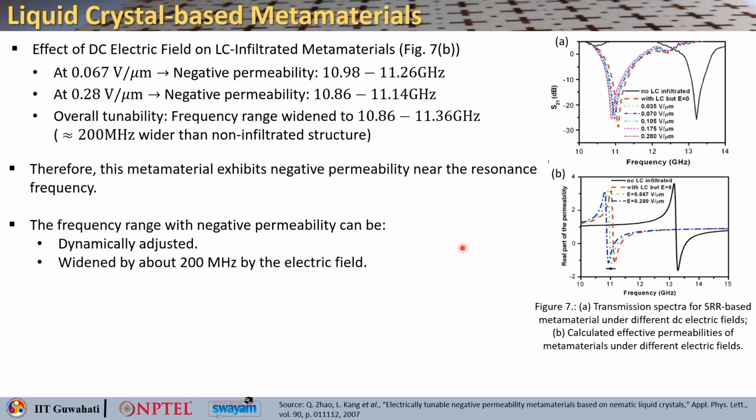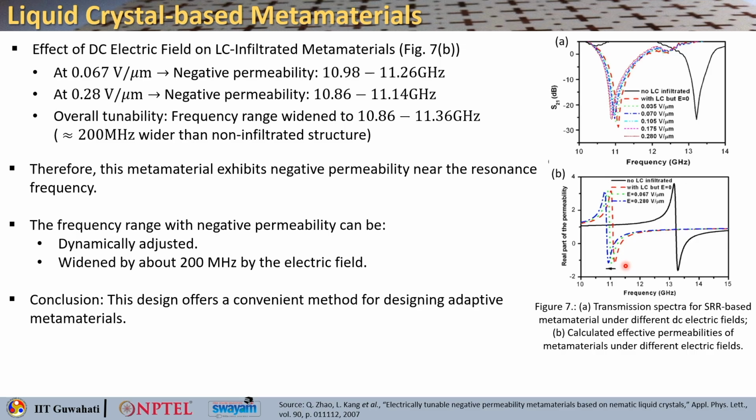The frequency range with negative permeability can be dynamically adjusted by changing the applied DC electric field bias, and it can be widened by about 200 megahertz by the electric field. So, you can conclude that the design offers a convenient method of developing adaptive or tunable metamaterials.